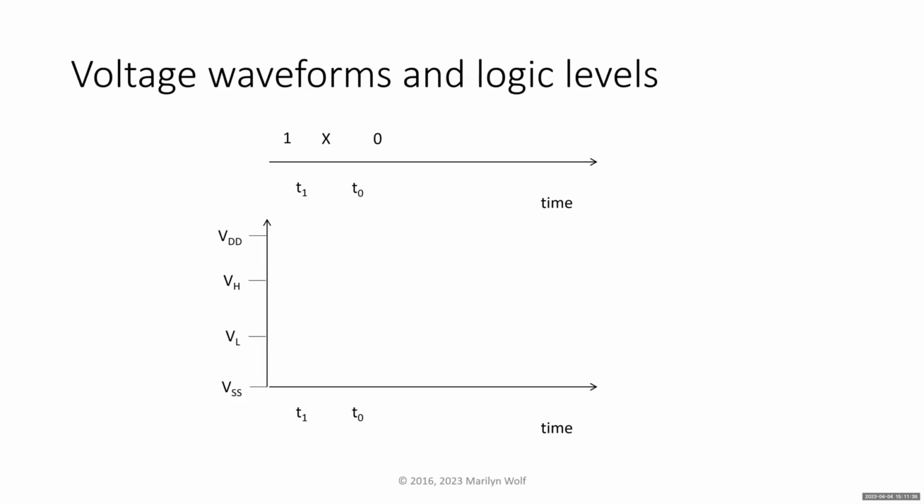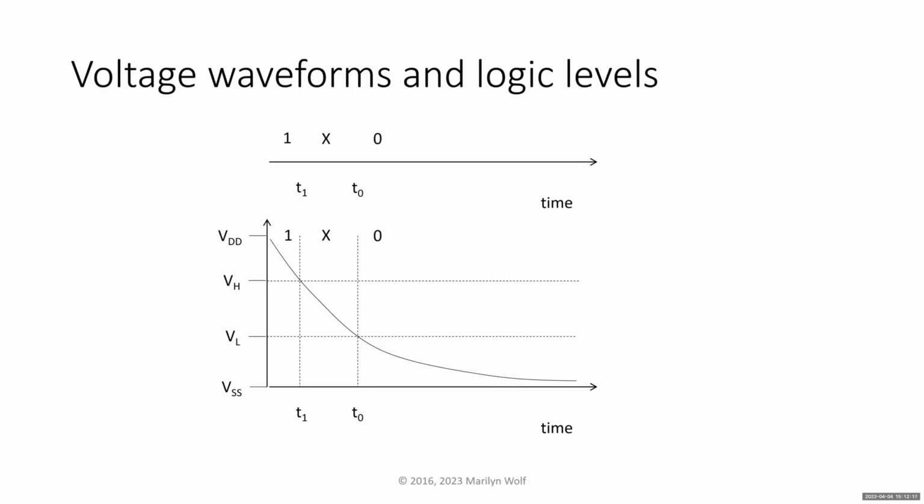In this case, we'll go down from the high power supply down to VSS, and we will cross the boundaries between these zones at different times. First you see at time t1, we cross the boundary from logic 1 to logic X. And then at time t sub 0, we cross the boundary from the X region down into the logic 0.